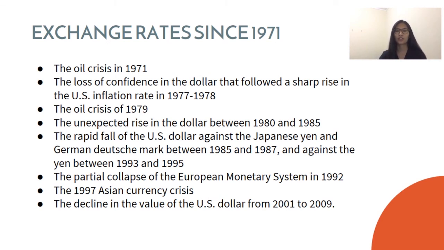Governments have sometimes responded by intervening in the market, buying or selling dollars, in an attempt to limit market volatility and to correct what they see as overvaluation or undervaluation of the dollar. The frequency of government intervention in the foreign exchange market explains why the current system is sometimes thought of as a managed float system or a dirty float system.